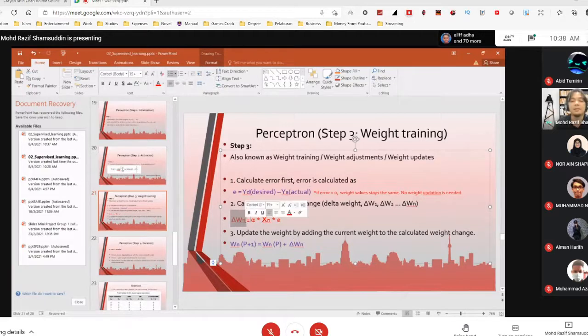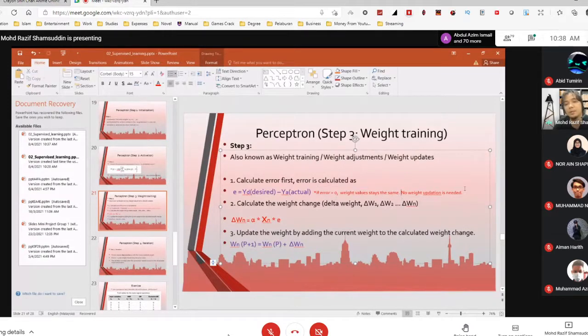Delta weight is the weight change, the marginal difference of the weight change. It is equivalent to alpha times input times error. When you do this, you need to be very careful to choose which input. If you want to update weight 1, you need to associate input 1 with the weight change of weight 1. Again, later we will do exercises and you will see more. Here I wrote: if error equals 0, the weight value stays the same.